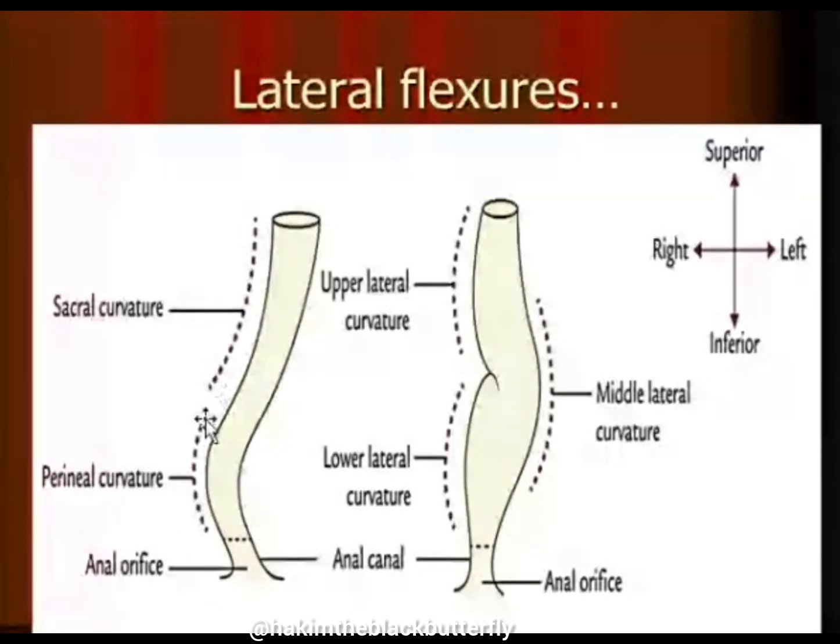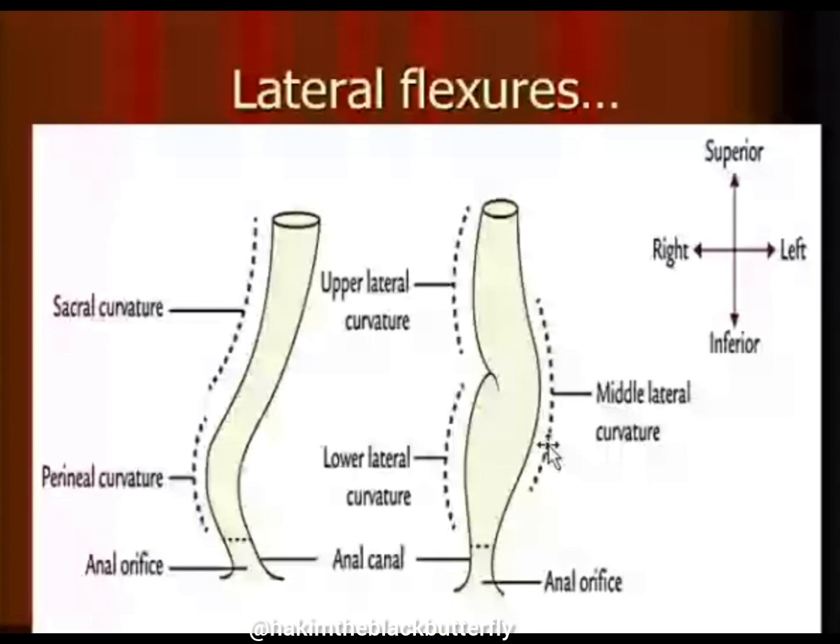The lateral ones are the upper lateral on the right, middle lateral on the left, lower lateral again on the right. So it is bent in sagittal and in coronal section.